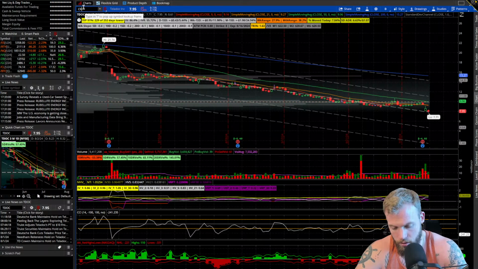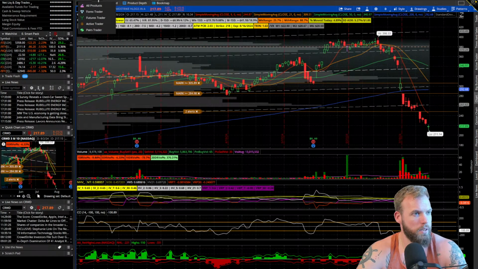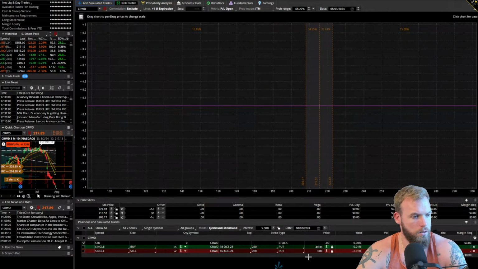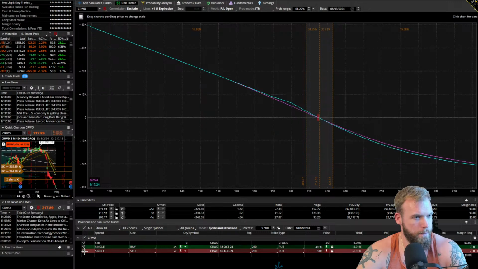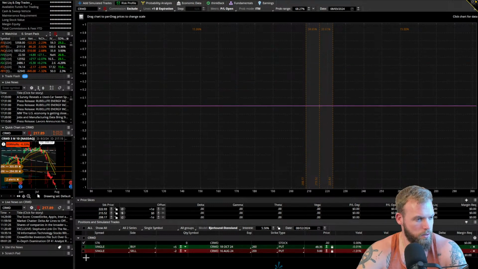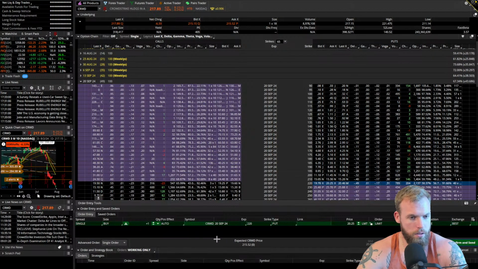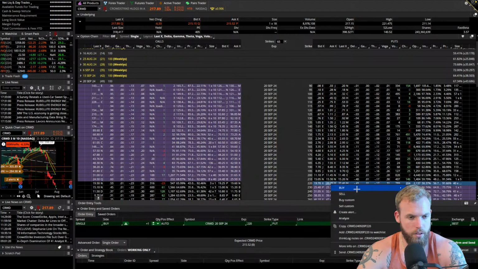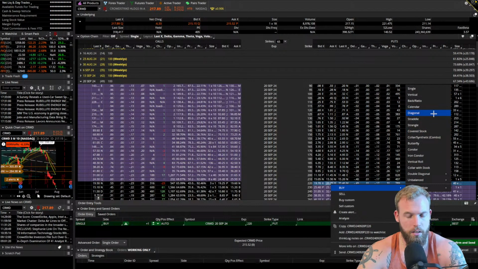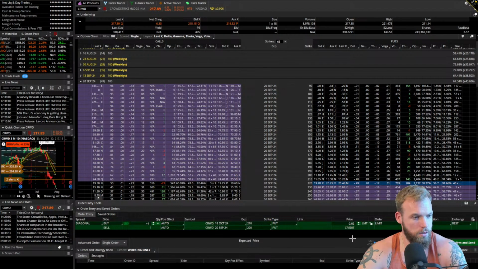Was it CrowdStrike? Let's see if we can structure one real fast. Let's do the at the monies. I think you can do it with one click with this thing. Yeah, buy diagonal. There it goes.